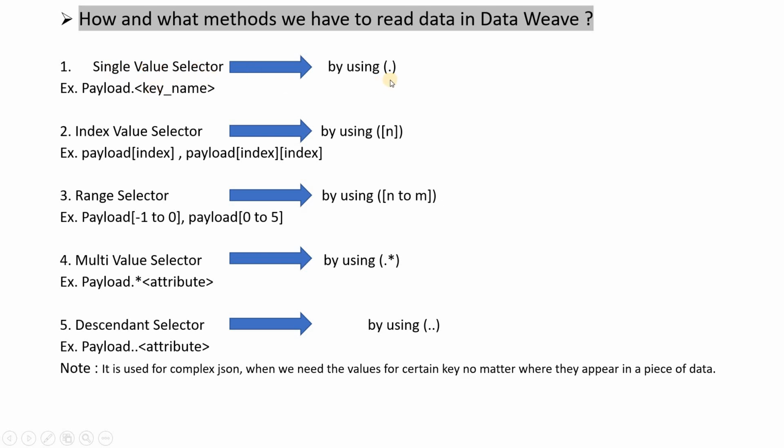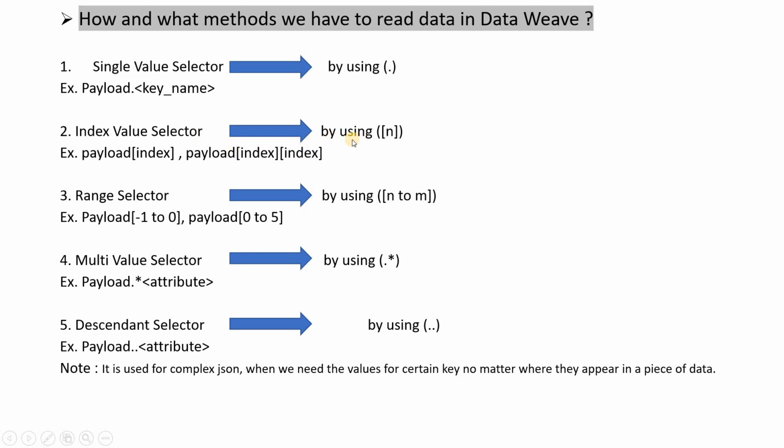By using this we can read a value by using the dot sign, like payload dot whatever the key name or attribute name we define to read that data. I'll cover all these 5 types in data view. So the first is the single value selector, and the second is the index value selector.